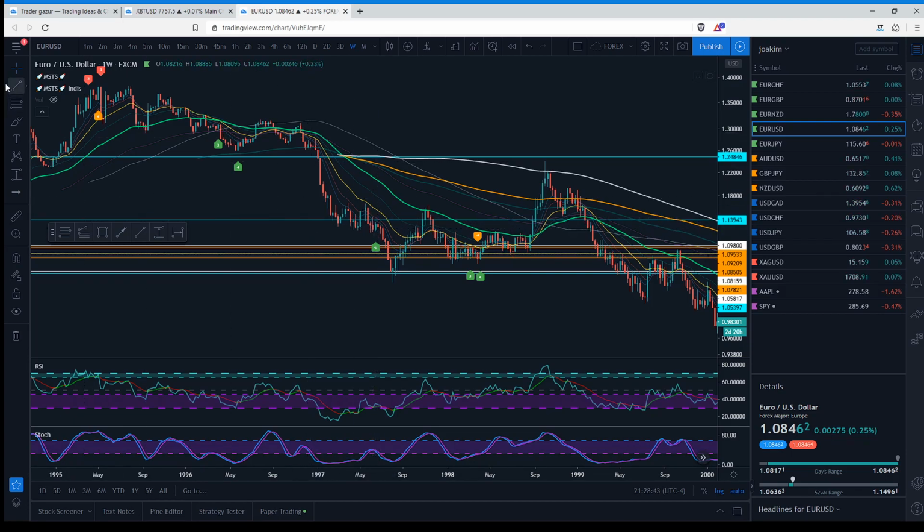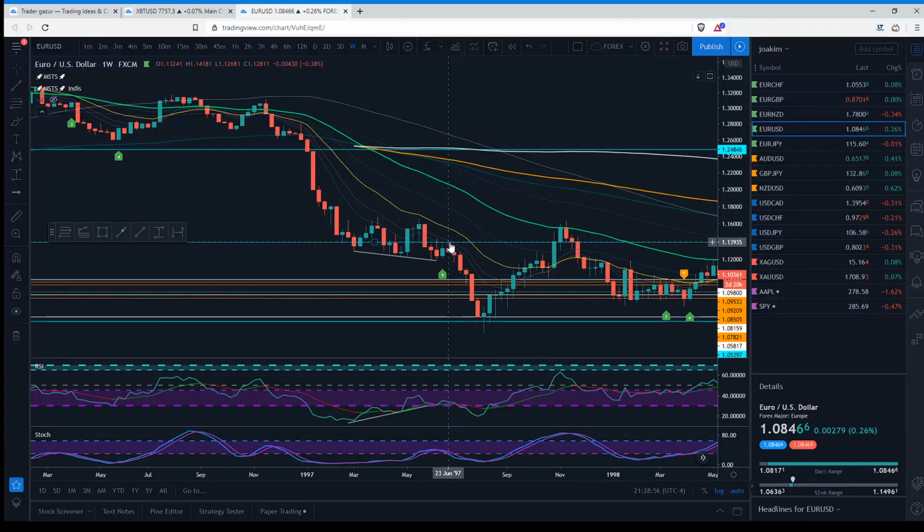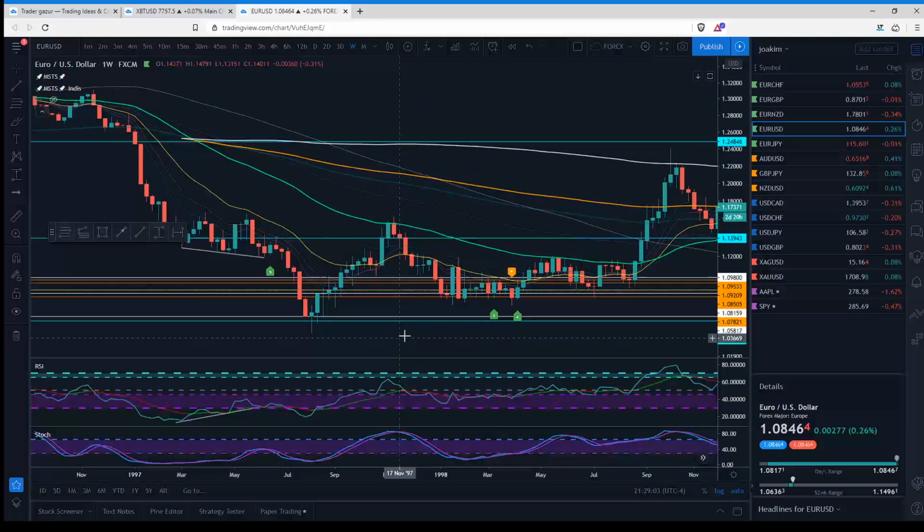This could have been a nice fake out that you could have taken. Divergence here. Divergence here. Yeah, I would have probably bought right here and got stopped out very quickly.